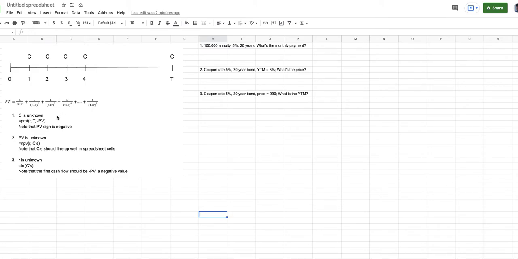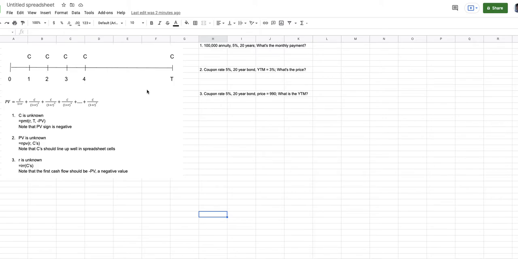For example, if you don't know C, then you can use the function PMT, which stands for payment, to figure out what that periodic payment C is. If you are buying an annuity, spending some money on it, and you know the interest rate and the terms, how many years, then you can calculate the monthly payment with the PMT function.